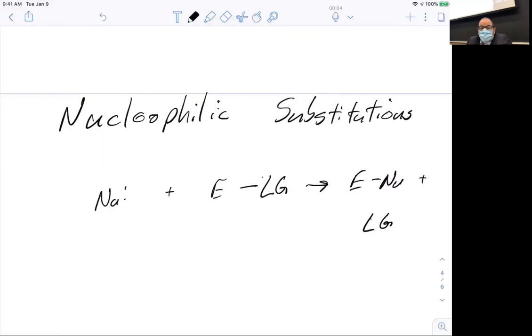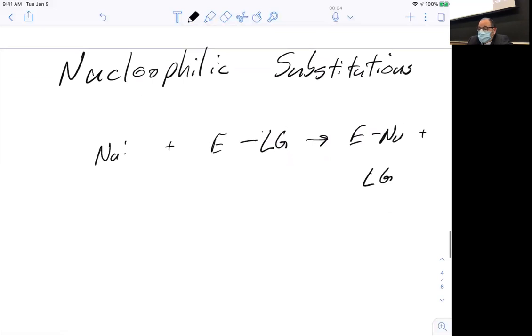So substitution, we're not doing a nucleophilic addition, we're not adding it, we're substituting it. So therefore, we're going to replace a leaving group with a nucleophile. So in generic, it's just the nucleophile goes to the electrophile, and the leaving group leaves. The question is, is that going to be a one-step process?